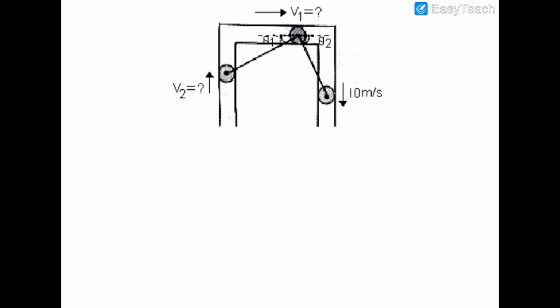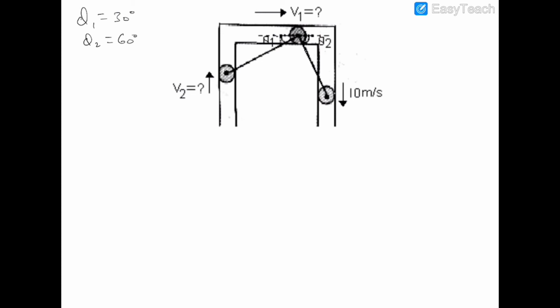Now in this problem, you can see that this ball is moving downwards with a velocity of 10 meters per second, and this ball is moving to the right side with velocity v1, and theta 1 is equal to 30 degree and theta 2 is equal to 60 degree at this instant of time.